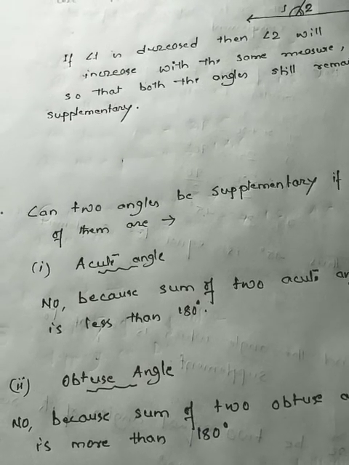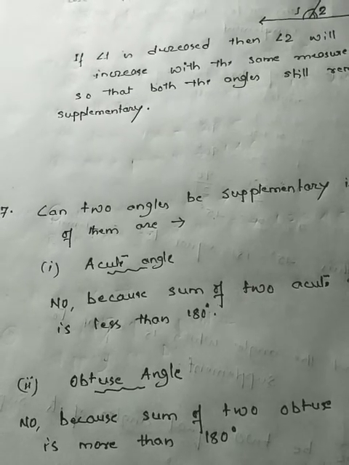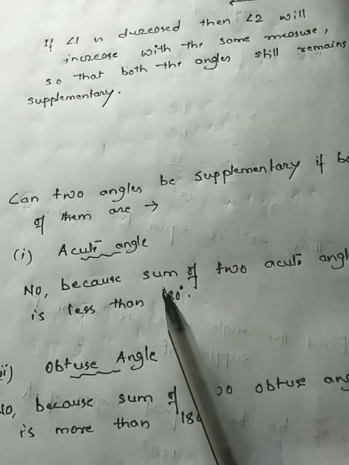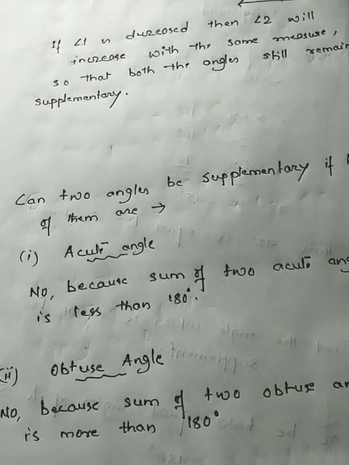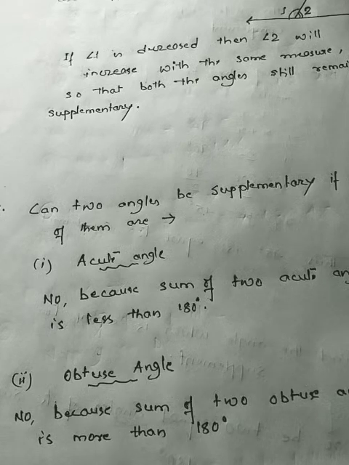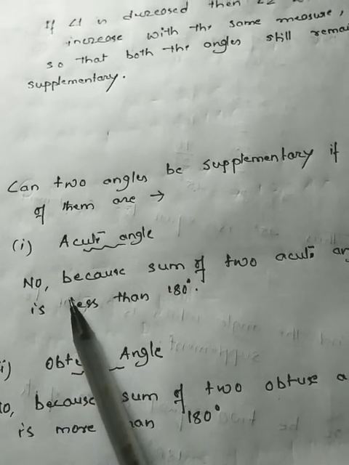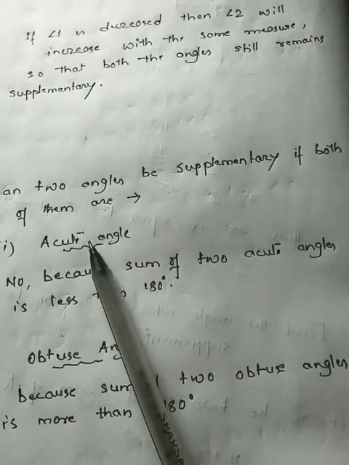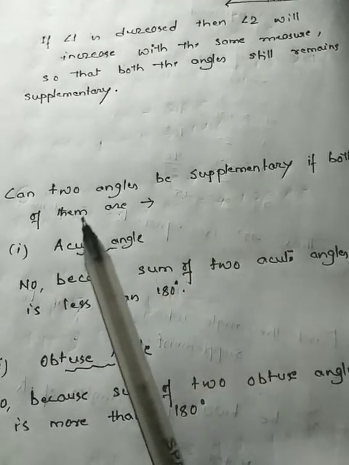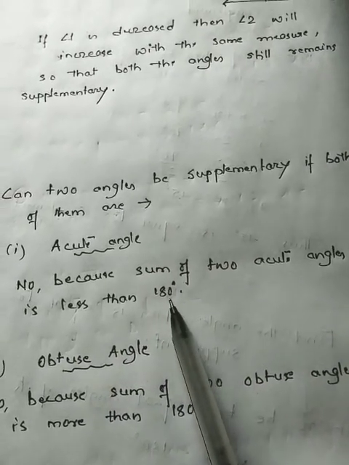So it is no way possible that if you add any two acute angles, you will get 180 degrees. Less than 90 degrees means it starts from 89. If you take 89 plus 89 also, then you will not get 180 degrees. So I've written: no, both the angles cannot be acute angles, because the sum of two acute angles is less than 180 degrees.